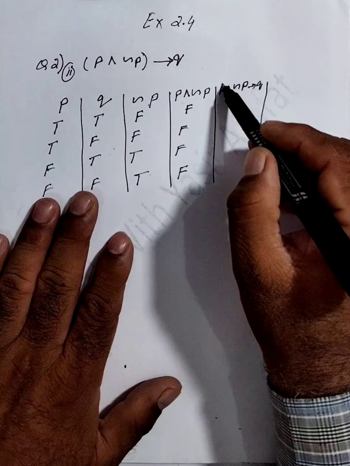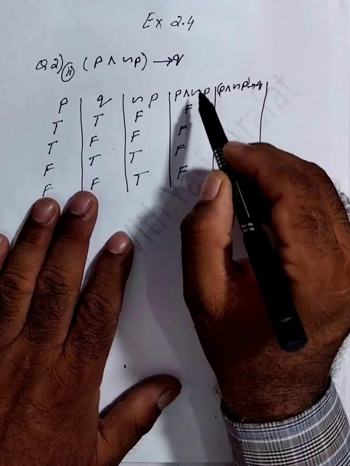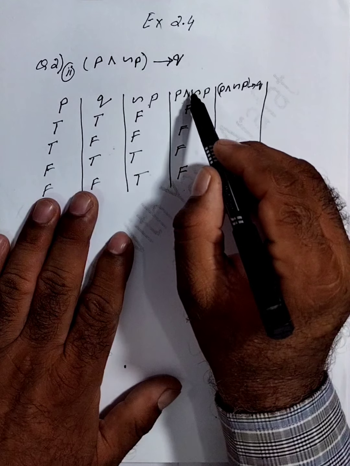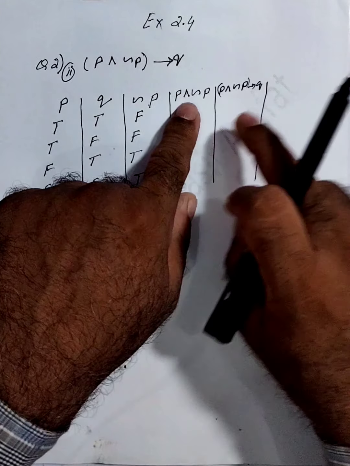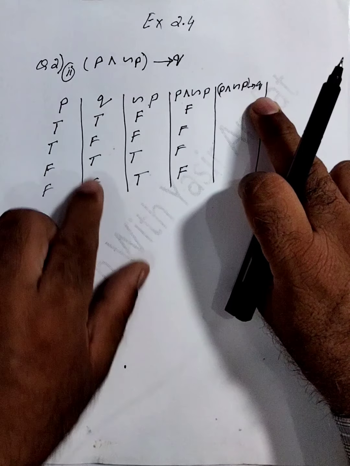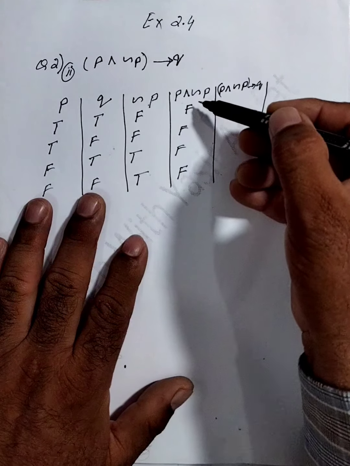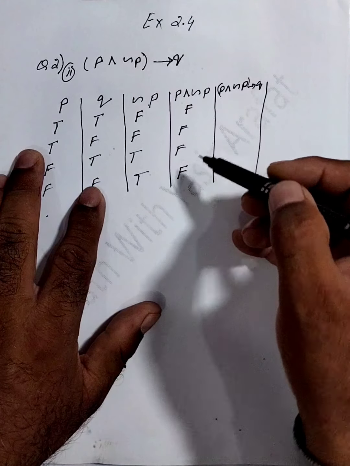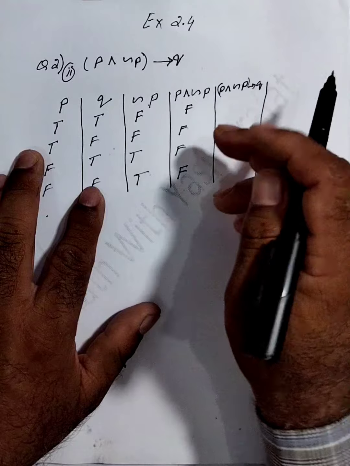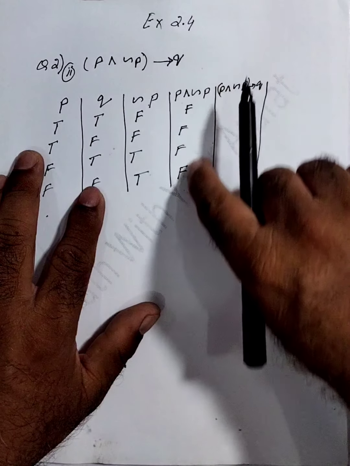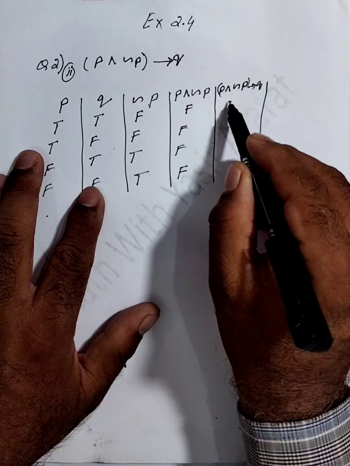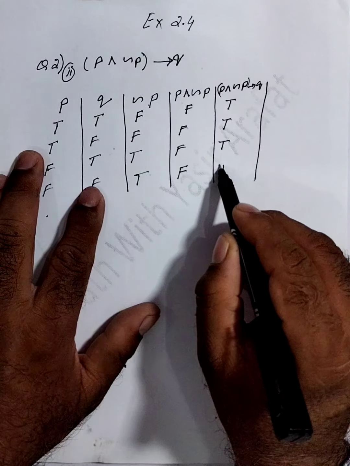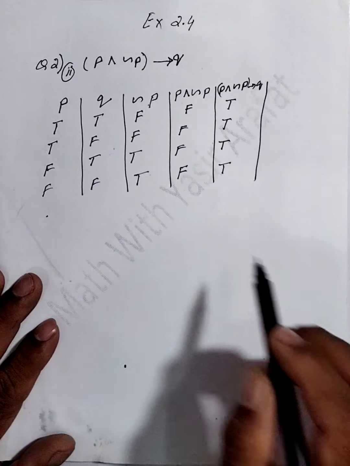Now here P and negation P is the antecedent statement, and the consequent is Q. We have discussed that if the antecedent is true and the consequent is false, then the statement is false, remaining all are true. So here the antecedent is never true, that means all are true. So this is the answer of this question.